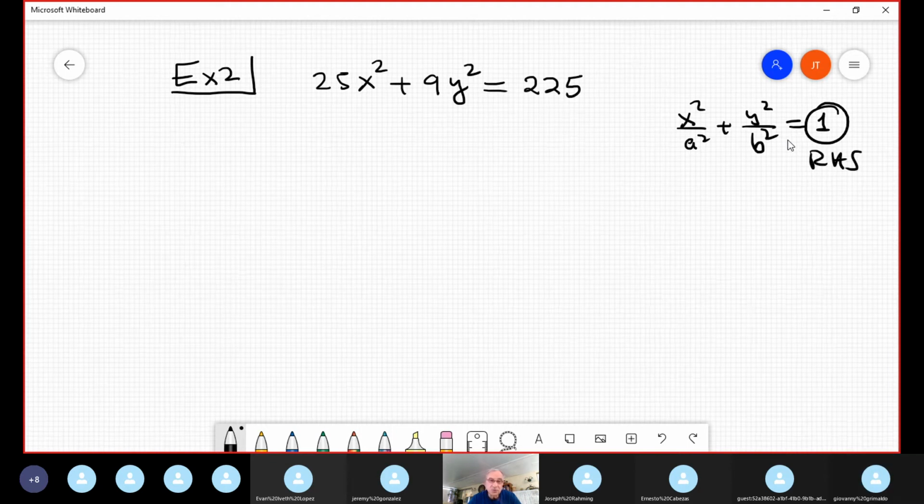So in order to do that, I divide the entire equation by 225. I put in my calculator, 225 divided by 25 is 9. And 225 divided by 9 is 25.